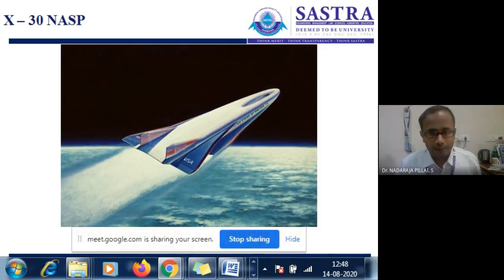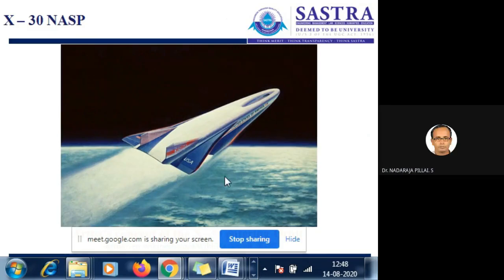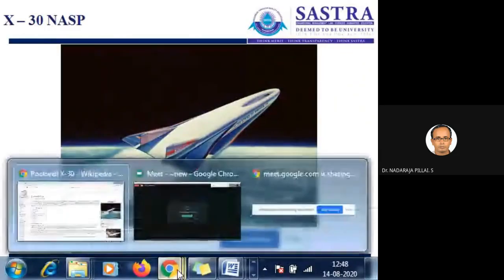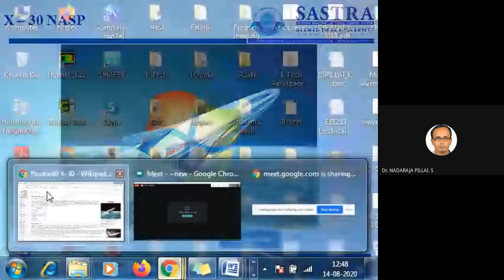In this we can see it is the Rockwell X-30, and you know, it is a single stage to orbit vehicle like the one which we have seen before, right?